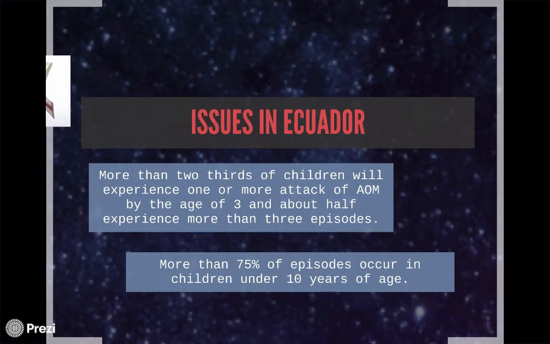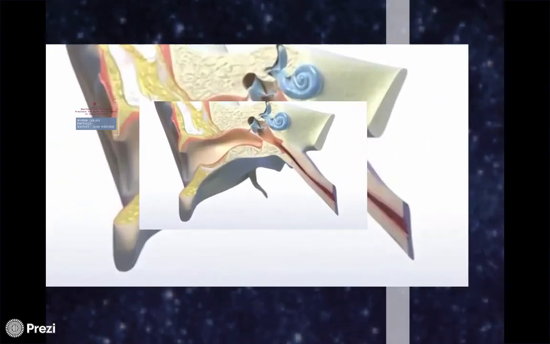Issues in Ecuador. More than 2/3 of children will experience one or more attacks of acute otitis media by the age of 3, and about half experience more than 3 episodes. More than 65% of episodes occur in children under 10 years of age.